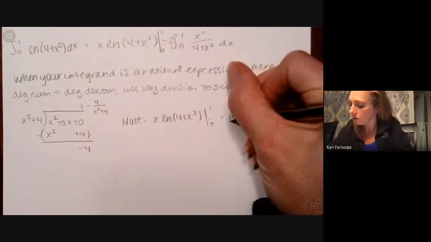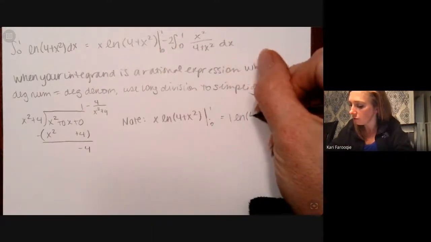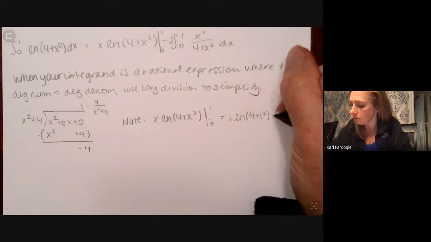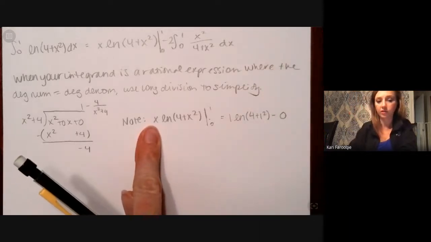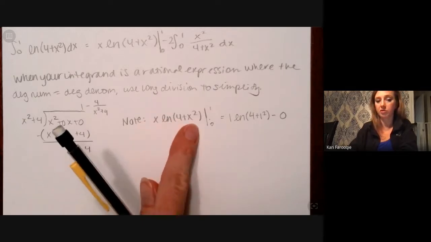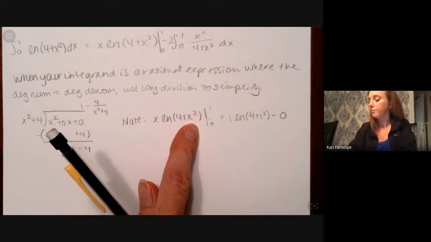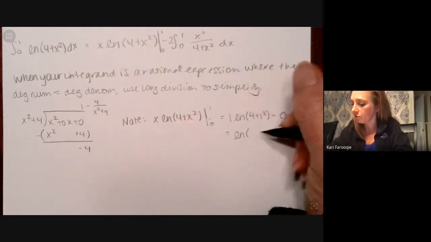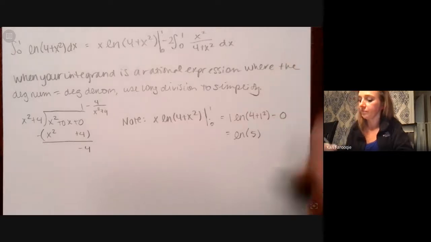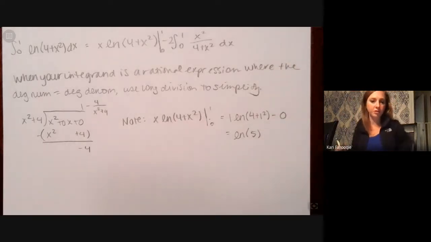So this will be 1 times the natural log of 4 plus 1 squared minus, and then 0. It's 0 because you have an x here. But notice if you didn't have this x here, you'd have the natural log of 4 plus 0, which is actually the natural log of 4. So be careful with that. Don't just always negate it. So 4 plus 1 squared is 5.